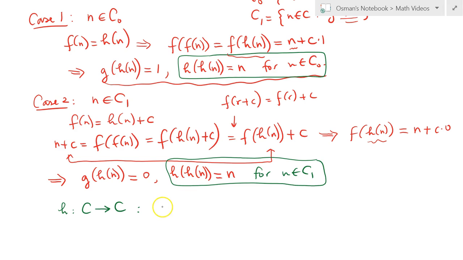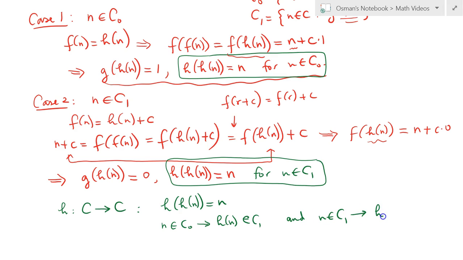So in both cases, we got that h of n is equal to n, first of all, and secondly, which is the more surprising result, if n is in C0, then it implies that h of n is in C1, and when n is in C1, then it implies h of n is in C0.